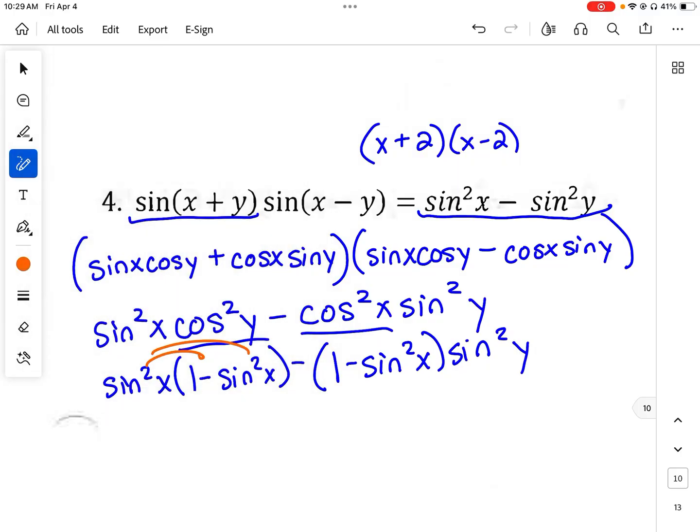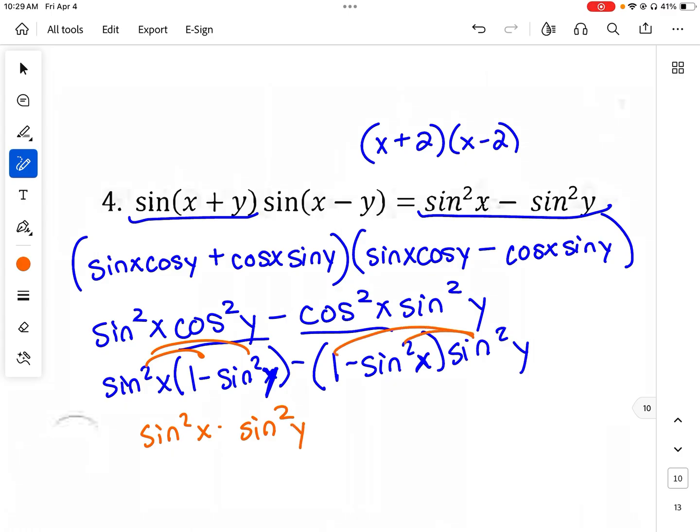All right, so let's go ahead and distribute. So sine squared x minus sine squared. Ooh, I made a mistake. Wonder if you caught it. This should have been y. This one's x though, so that's fine. Okay, that should be y. And then I need to distribute this.